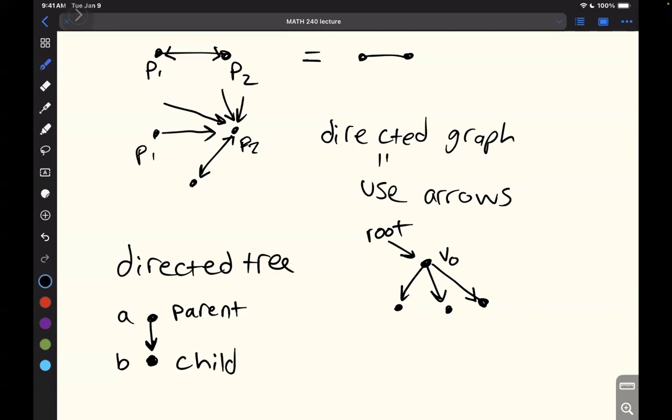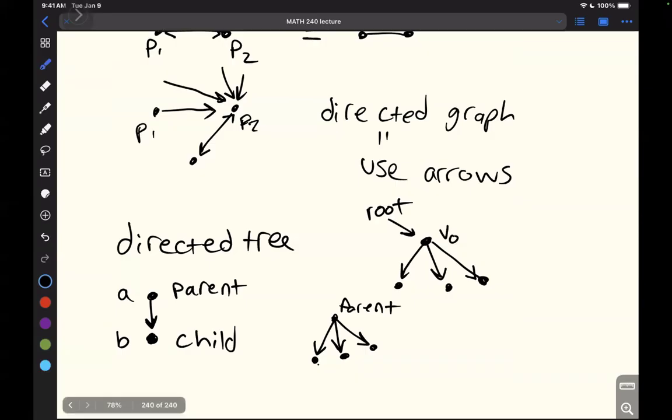This is where the family tree naming stuff comes in. If a parent has more than one child, then they're all called children. Any guess what these are called in relation to each other? Siblings.